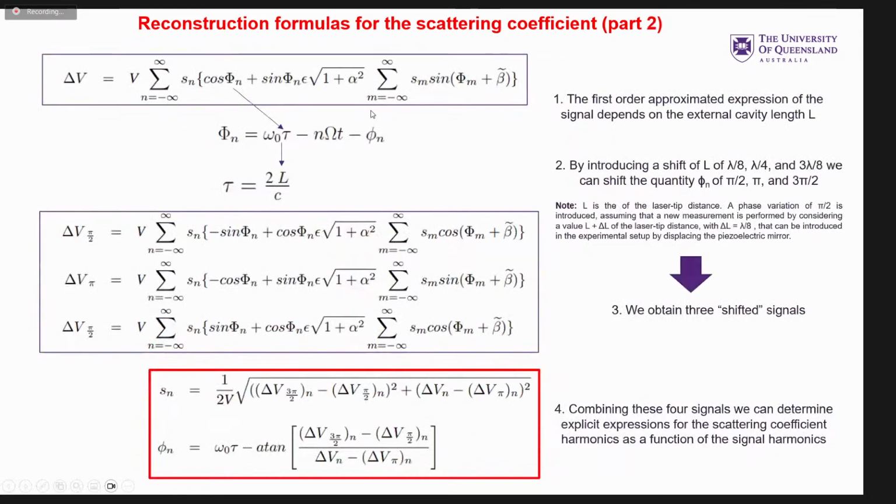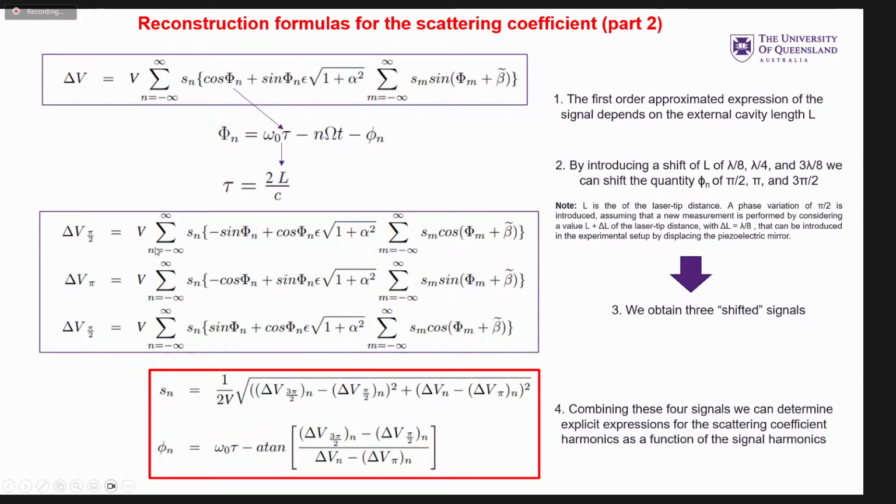So we have a first-order approximated expression of the signal. This quantity depends on the external cavity length, which is the distance between the laser and the target. We can shift this external cavity length L by fixed quantities, lambda over 8, lambda over 4, and 3 lambda over 8, where lambda is the free running wavelength of the laser, so that we can obtain 3 expressions for shifted signals.